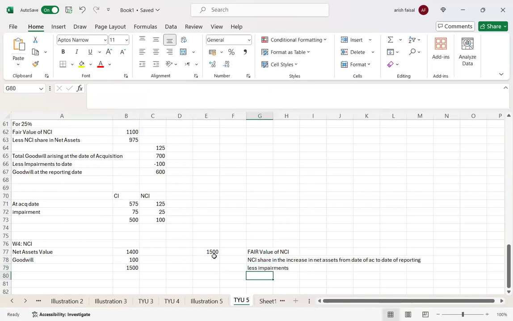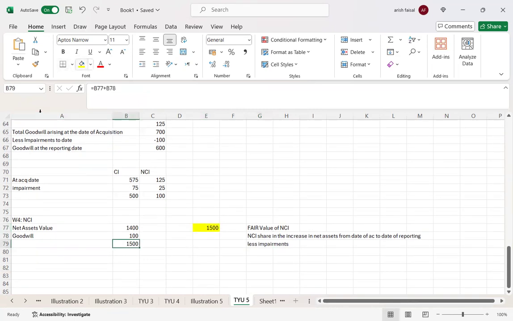So you can see that this 1,500 which we calculated and this 1,500 which we calculated are exactly the same. So in section C, the constructed response question, you are free to choose whichever method you want. But in the case of an MCQ-based question, it depends on how you can solve it based on the information given to you. Okay. So this impairment is also the NCI share of impairment, which is only 25.